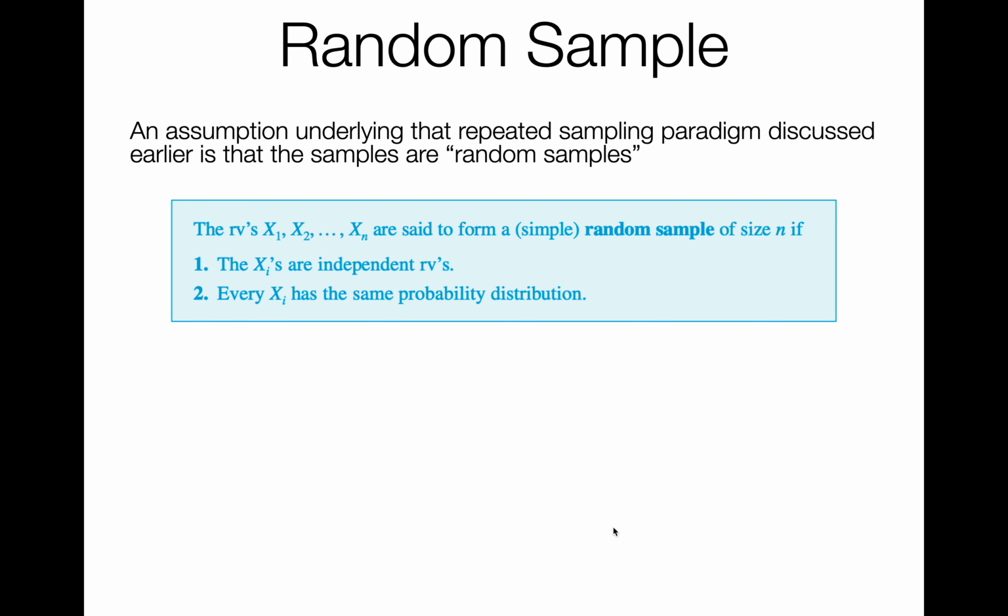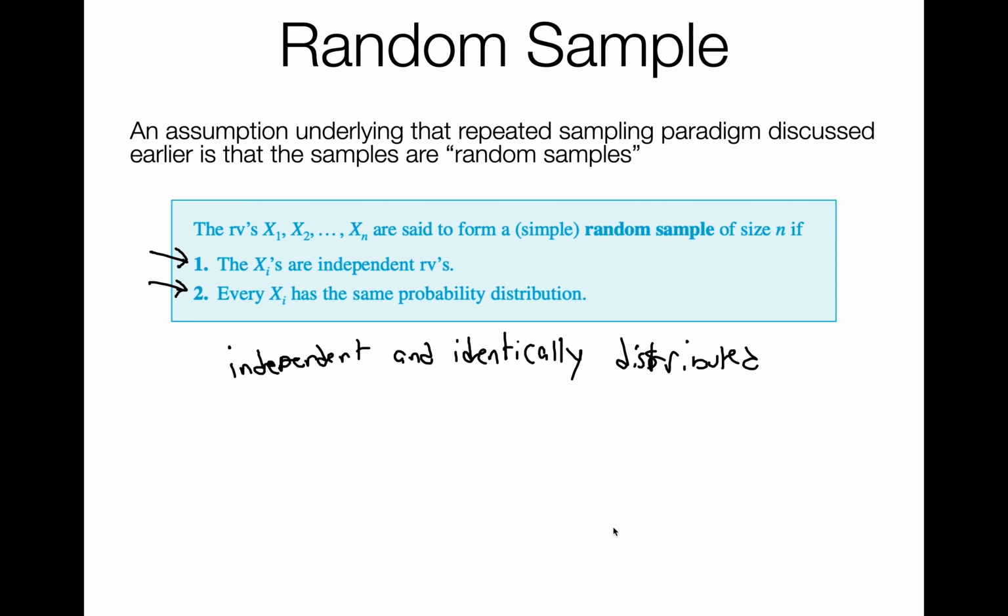Okay? Now, when we describe this, we can combine 1 and 2. If things are independent, 1, and they have the same probability distribution, 2, we call them independent and identically distributed. And we shorten that by saying IID.